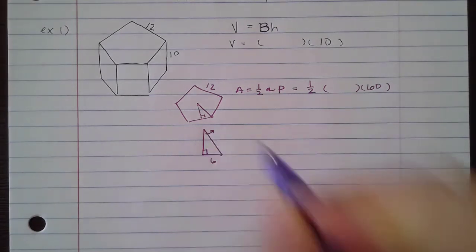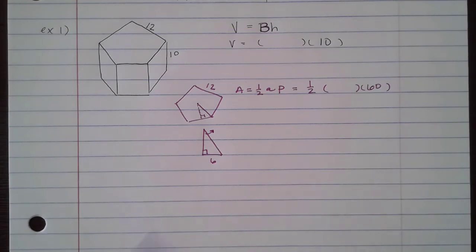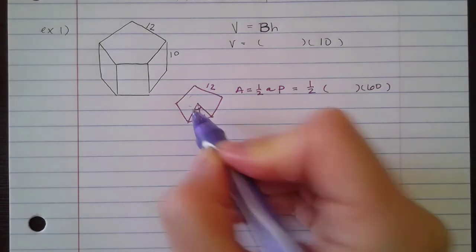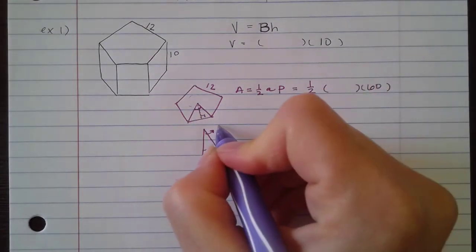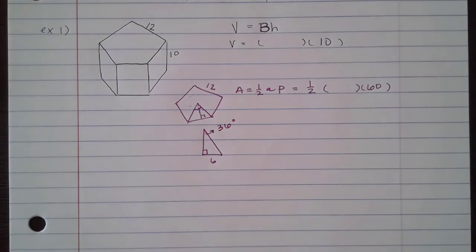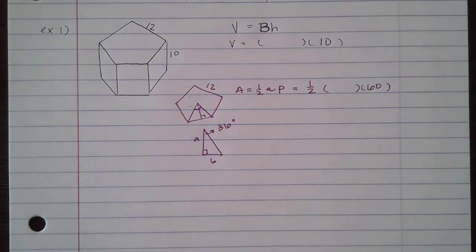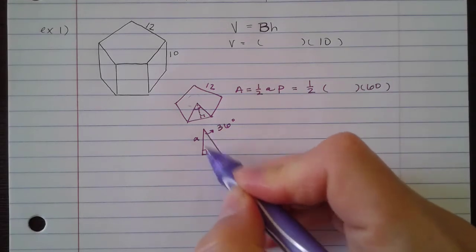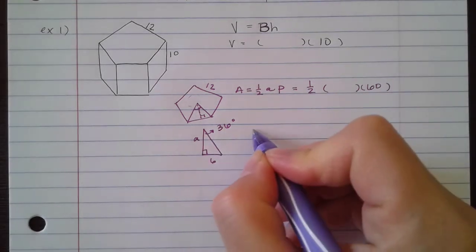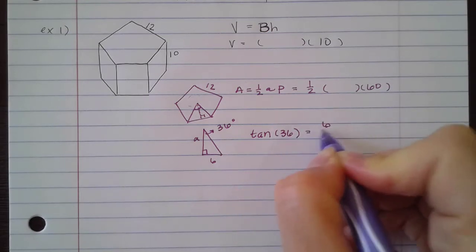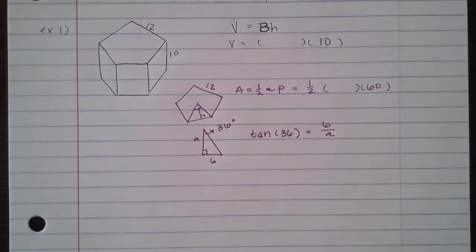I can find this angle measure by taking 360 and dividing it by 10, because if I divided it by 5, it would be this whole angle, but I only want half of it, so that's 36 degrees. Then I'm going to find the apothem, and the only way to do that is using trig. I know my opposite, and I'm looking for the adjacent, so I'm going to use tangent. Tangent of 36 is equal to opposite over adjacent. In this case, A stands for apothem, but it's also the adjacent.